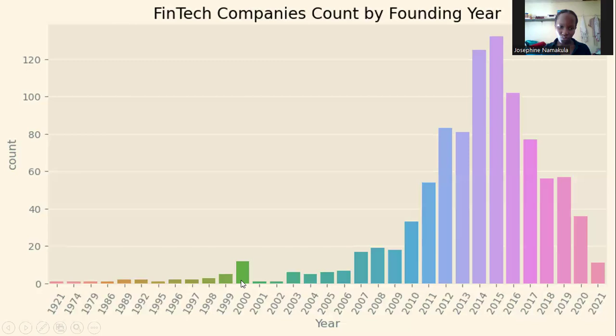So we can see here in 2000, the companies increased in number, and finally they decreased in 2001 and 2002. Again they increased here. They go on increasing up to when they went on decreasing up to 2021.